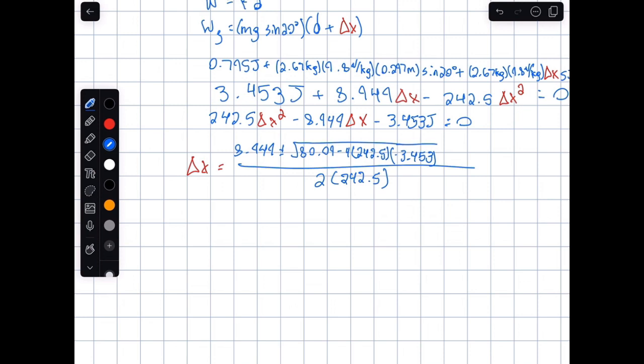Let's see how this solves out. So I'll just plug in the big equation. I just showed that one so you can see.